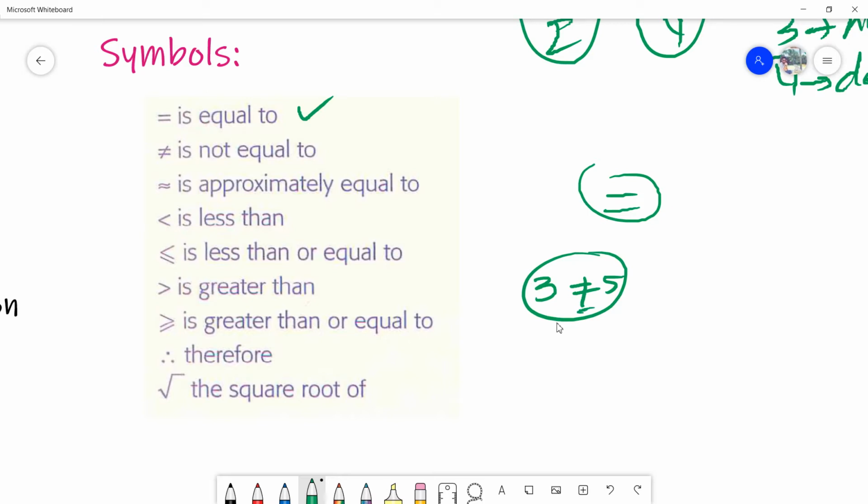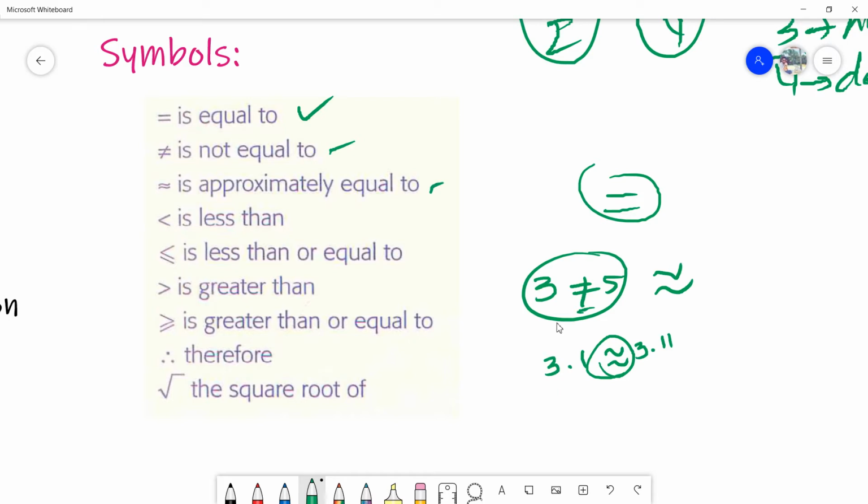And approximately, this is the approximation sign. So let's say I can say that 3.1 is approximately close to 3.11. Yeah, so this is the approximation sign, which means it's very close to. Okay, so I hope this is clear.